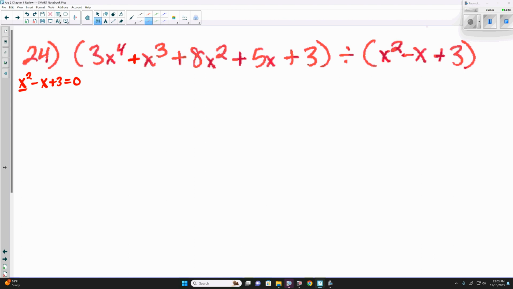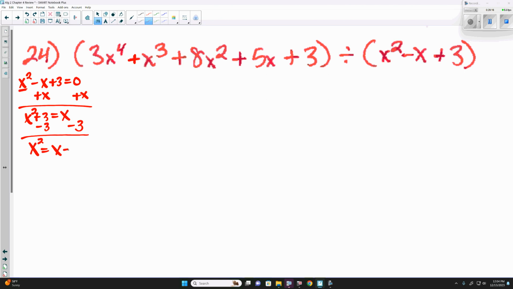Now, if we're going to solve this by synthetic division, the first thing we have to do is take what this is being divided by, our x squared minus x plus 3, set it equal to 0, and then get our x squared term by itself. There's one of two things we can do first. We can either add the x to both sides or subtract 3. Here I added x to both sides, and then the next step is I'm going to subtract 3.